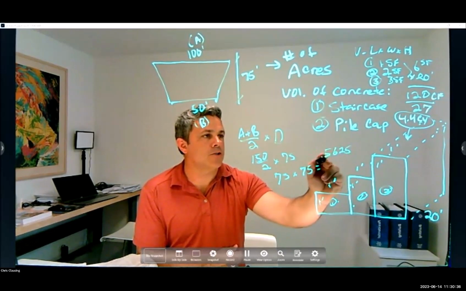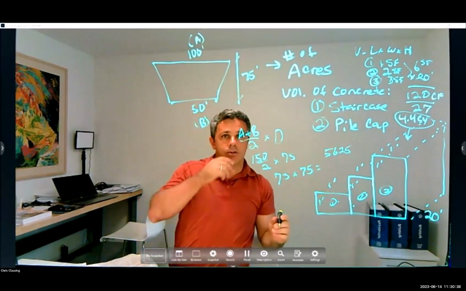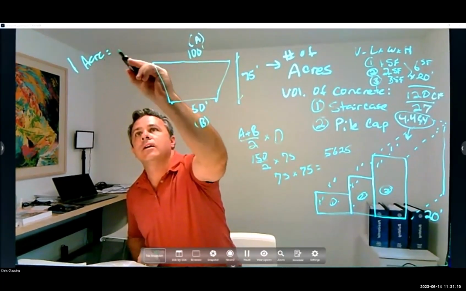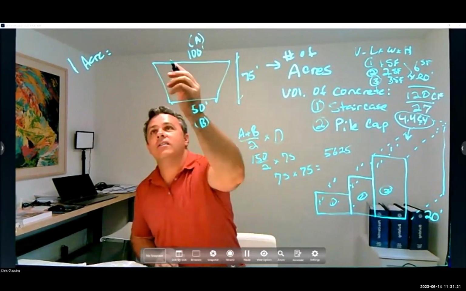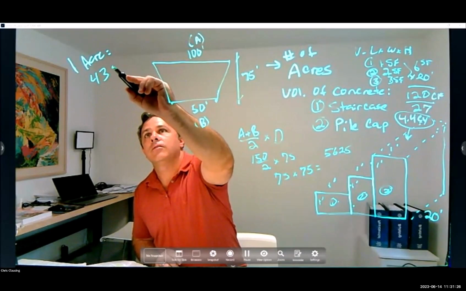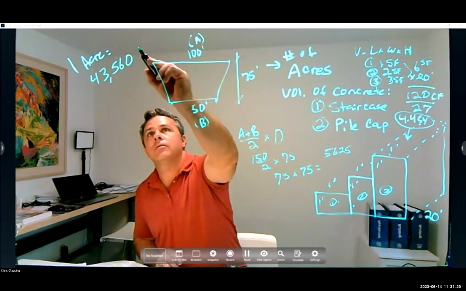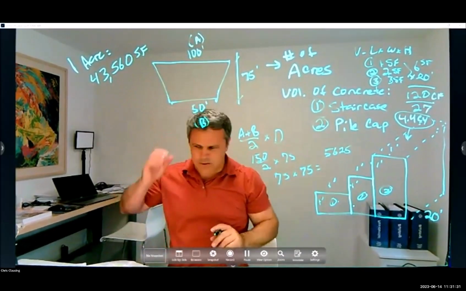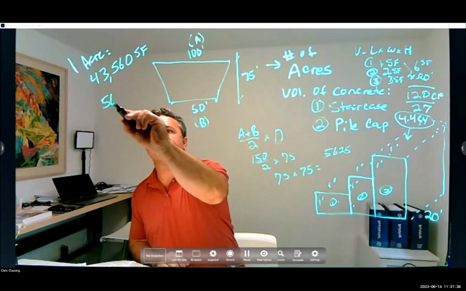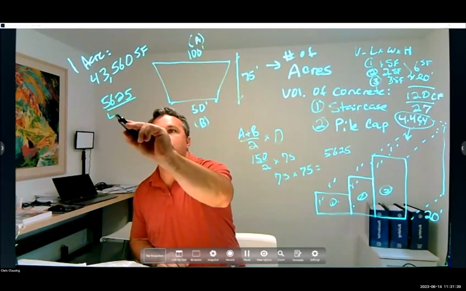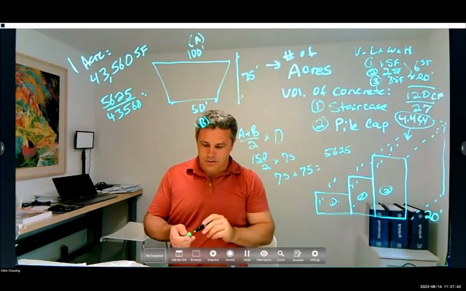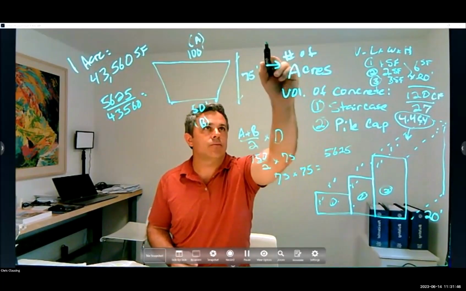And then to convert into acres, if they want the number in acres, 1 acre equals 43,560 square feet. So if we want to convert that to acres, it's going to be 5625 divided by 43,560. That'll give us the number of acres. So that's this question.